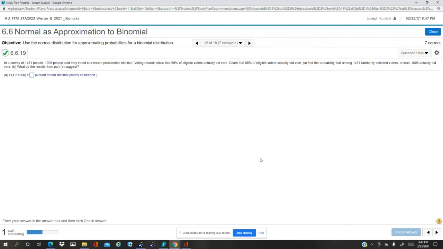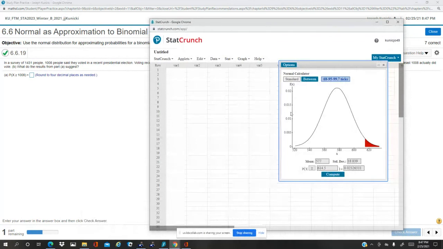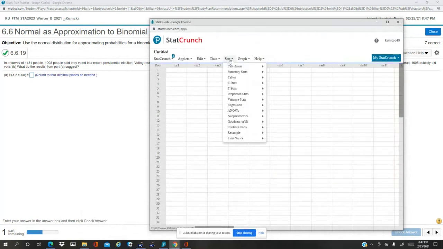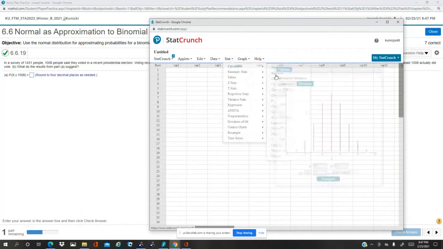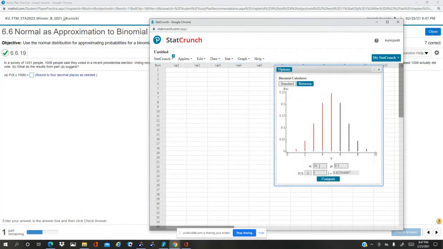Now, that's the normal approximation, 0.0233. What we can do is get the actual. So we can close this and do Stat Calculator Binomial. And we tell it that n is, we can do the actual numbers.